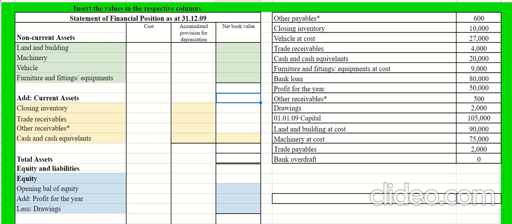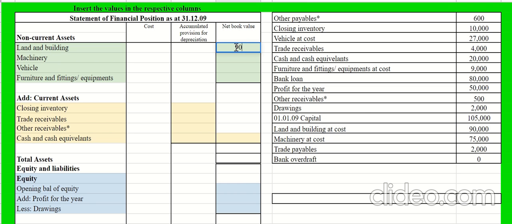Now, when you're posting entries to a statement of financial position, enter the information of the non-current assets in the last column, which is the net book value column. As you can see, land and building value is 90,000.